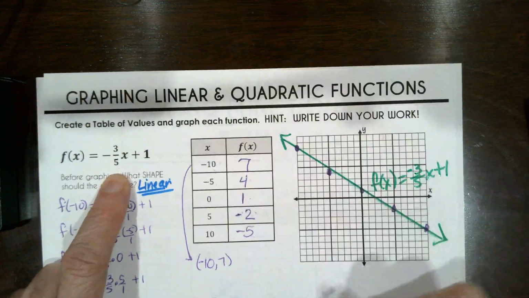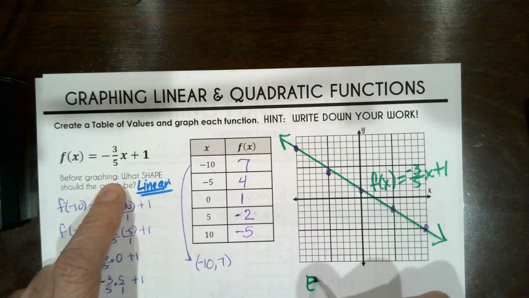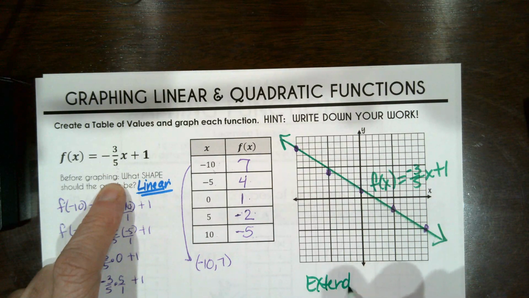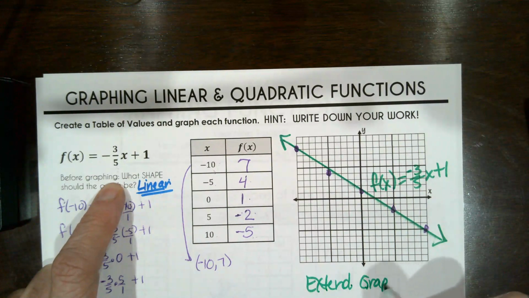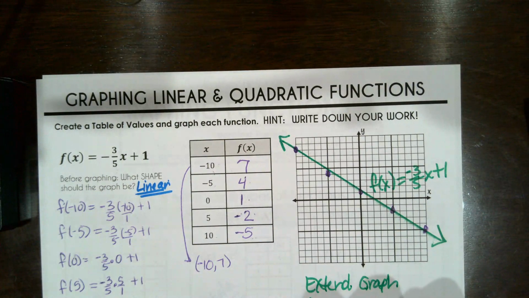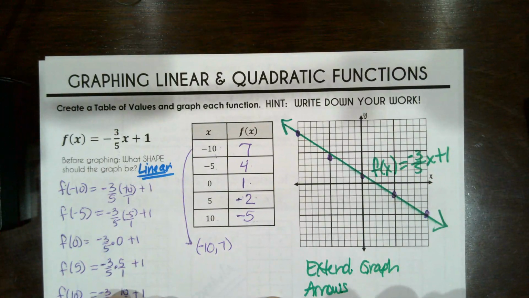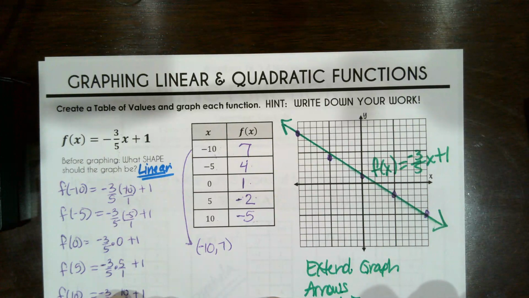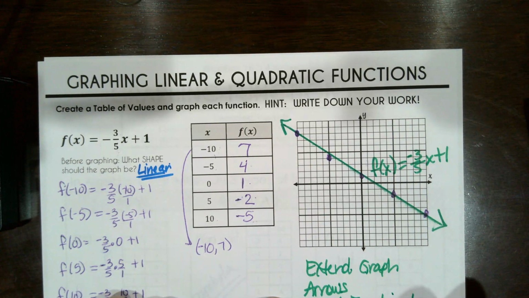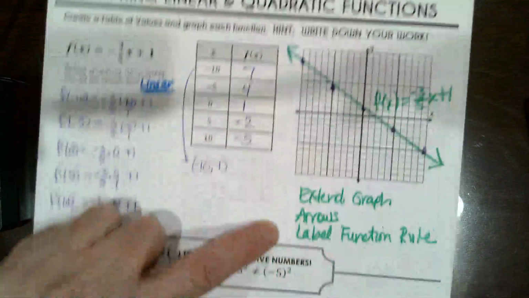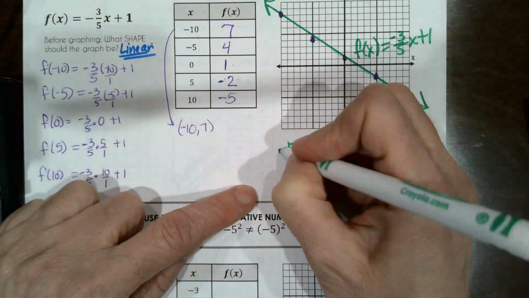So extend your graph all the way into the white space. We're going to put arrows on both ends, and we're going to label that function rule, aka equation.